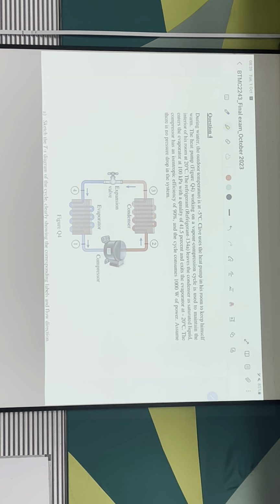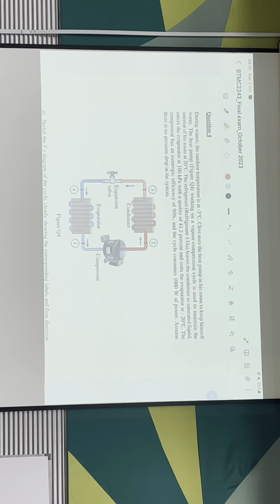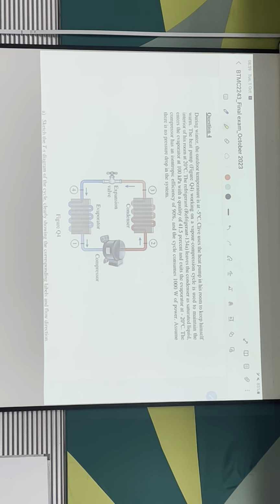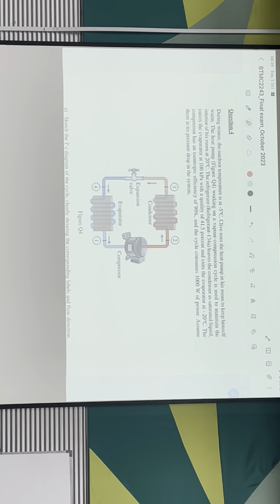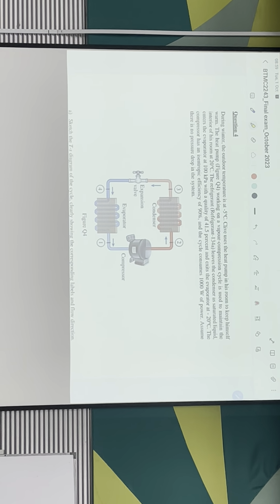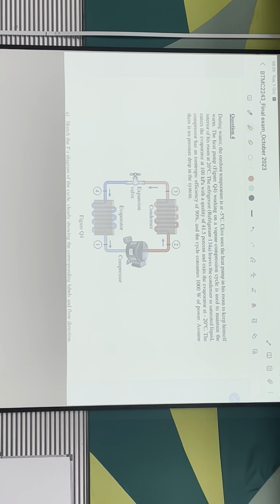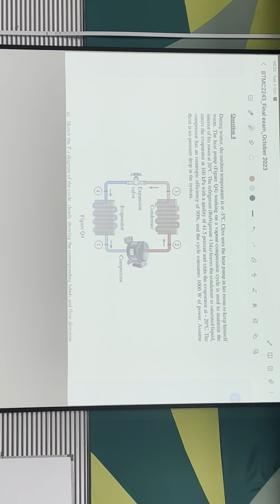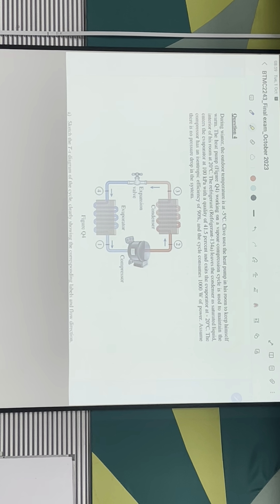The refrigerant leaves the condenser as saturated liquid, enters the evaporator at 100 kilopascal with a quality of 41.5% and exits the evaporator at -20 degrees Celsius. The compressor has an isentropic efficiency of 90%, and the cycle consumes 1000 watts of power. Assume there is no pressure drop in the system.